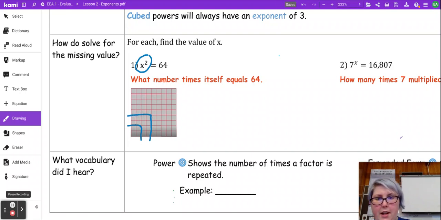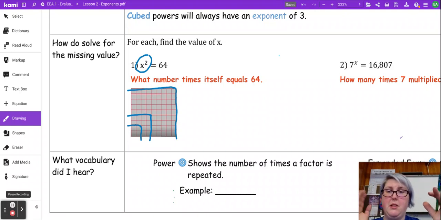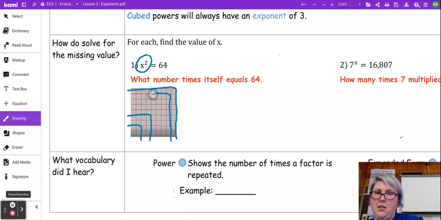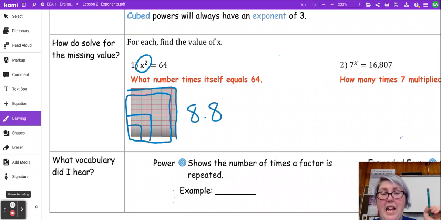That's still not quite there. What happens if we jump and we do 9? Well, 9 times 9 is 81. That's too many boxes. So it's somewhere between 4 and 9. 64 is closer to 9. So I'm going to try 8 times 8. And if you count all of those boxes, 8 times 8 will equal 64.